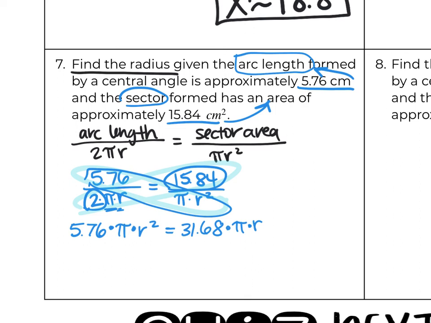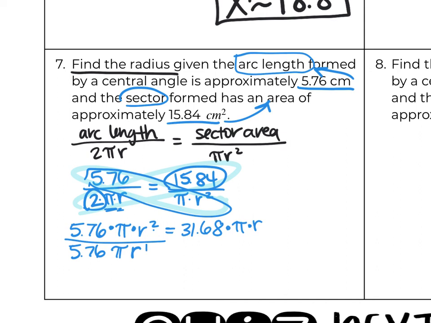Okay, so your goal is to solve for r, so you want to get r by itself. I'm going to start with this left side because I want to move the small number over and divide it into the big number. So I'm going to divide it by 5.76. I can also move the pi though, because these are all multiply, so I can divide on all of them. And I can divide by 1r to get rid of the squared, okay? So that's like having an exponent of 1.